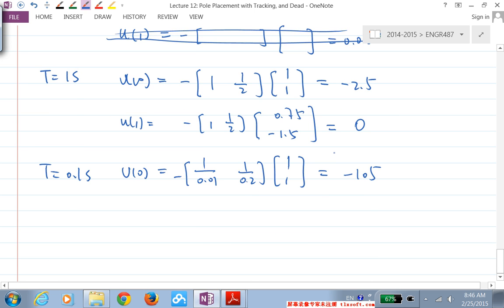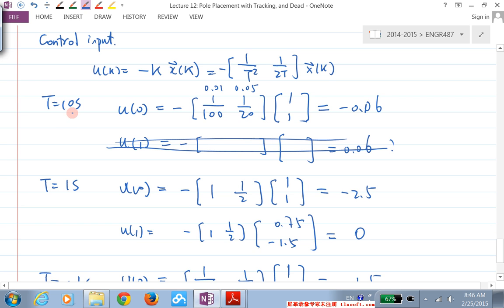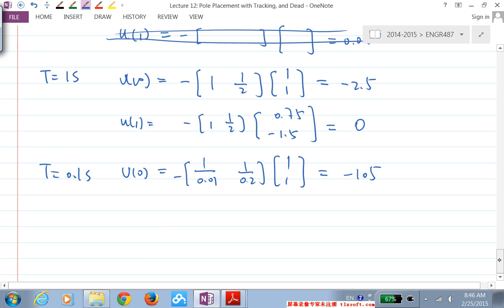Ten seconds is generally not that realistic, because your sampling time needs to be able to satisfy the sampling theory. But at the same time, you're at the expense of having a very high control input to the system.